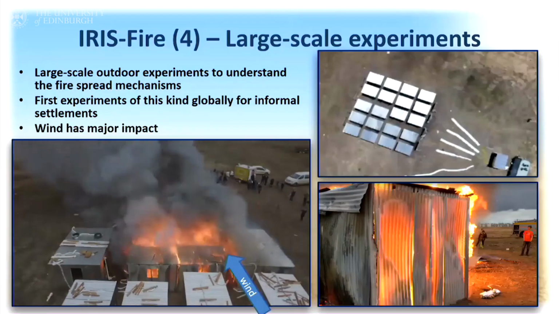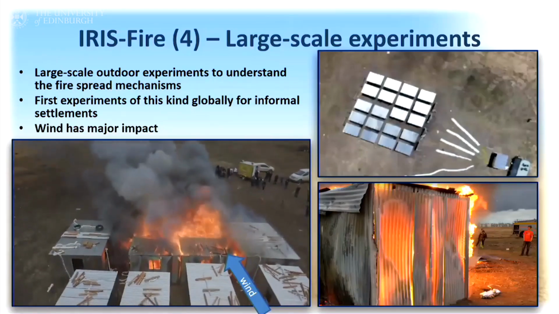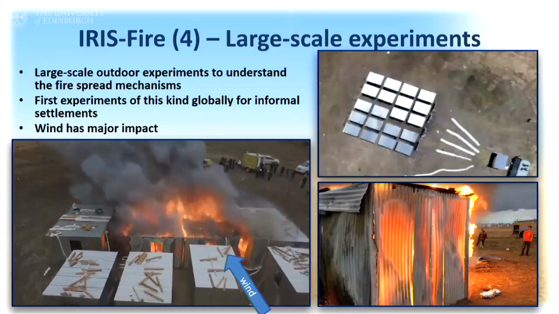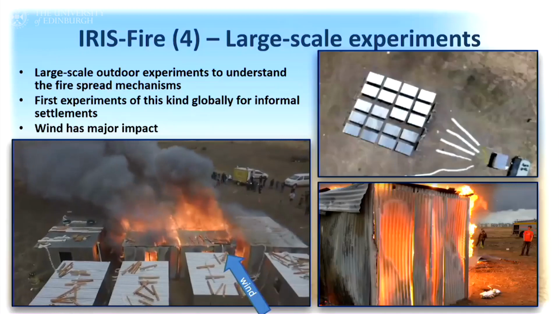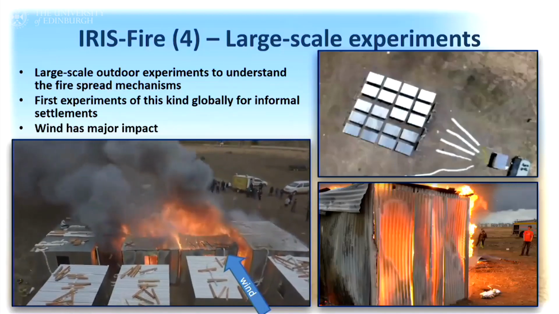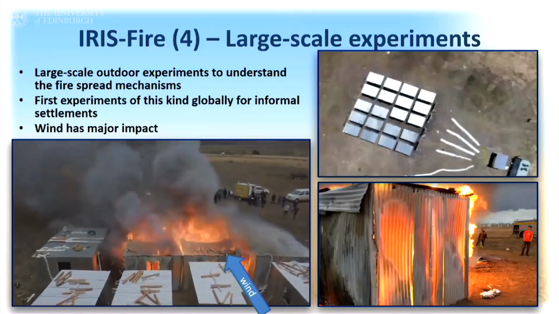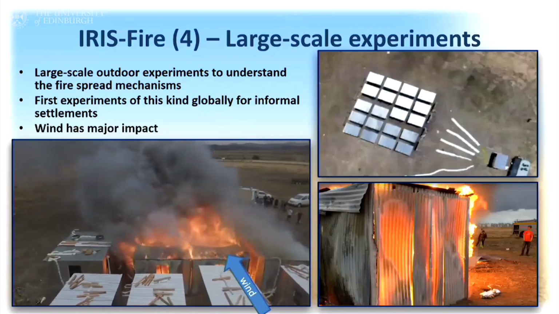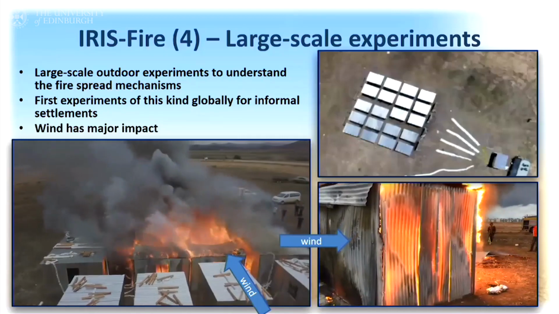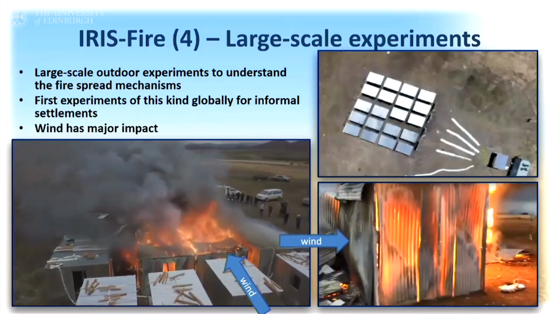And we're doing this not just within labs, but we're also doing it outside. So here we have 12 dwellings with the wind. The fire was started the furthest away on screen in those 2. So we're trying to see how the fire spreads against the wind. How much effect does the wind have? This is the same experiment, but a lot later on.